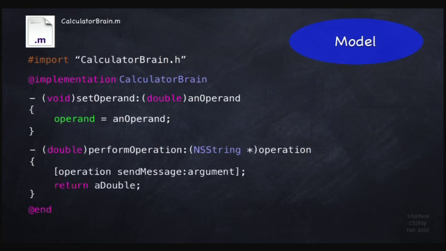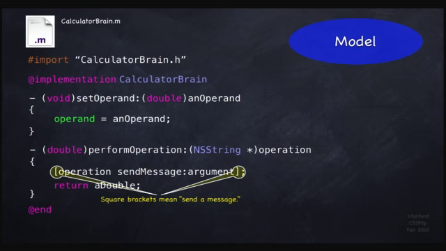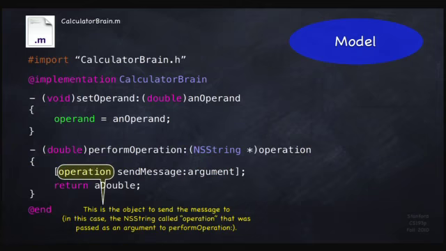But I wanted to show you what it looks like to send a message. So we talked about declaring methods and objects, but what about sending them? And this is what it looks like. There's this kind of funky square bracket notation. Okay? You basically put square brackets at the beginning and at the end of your message send. All right? And the first thing after the square bracket is the object you're going to send the message to.